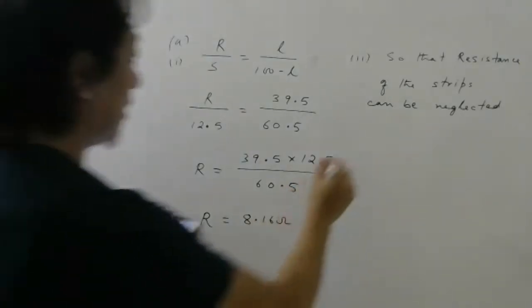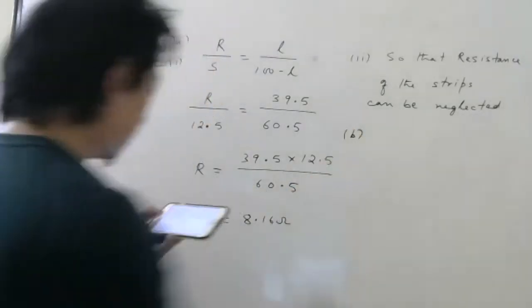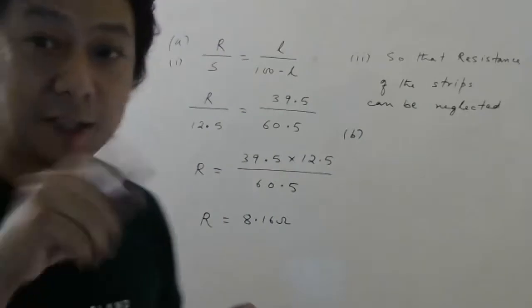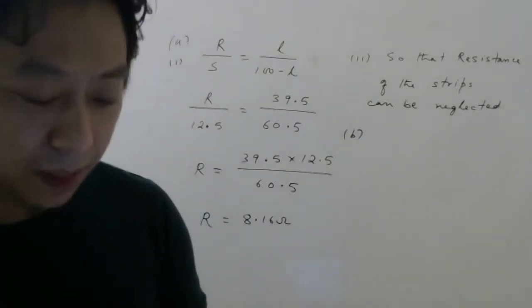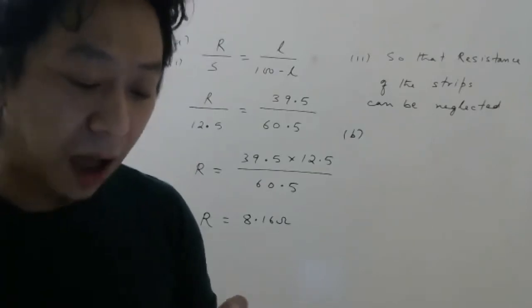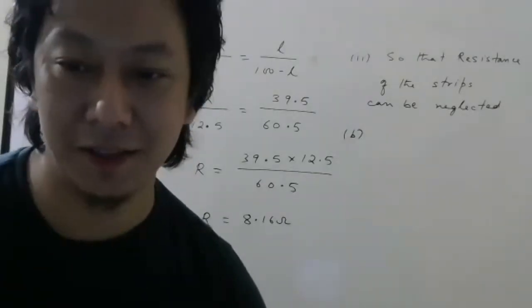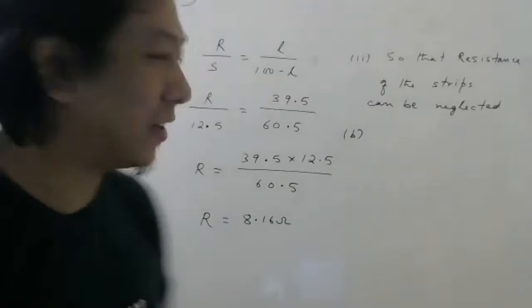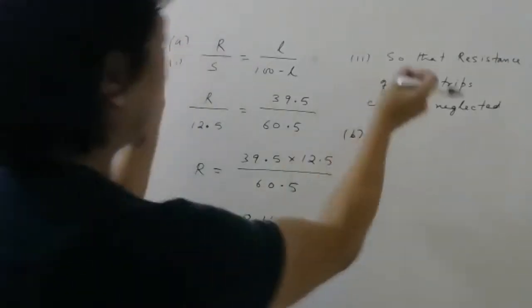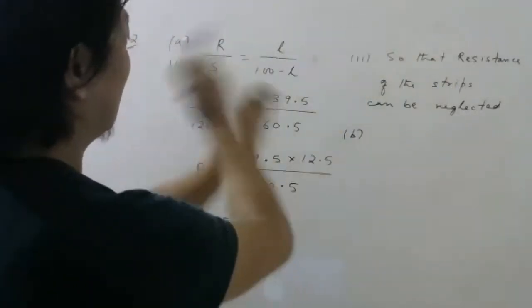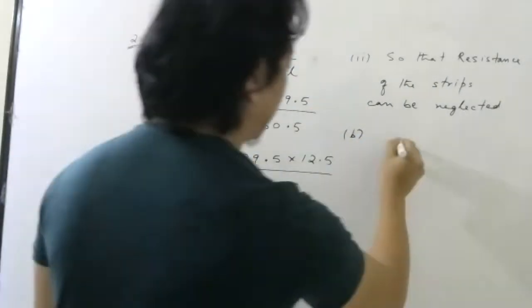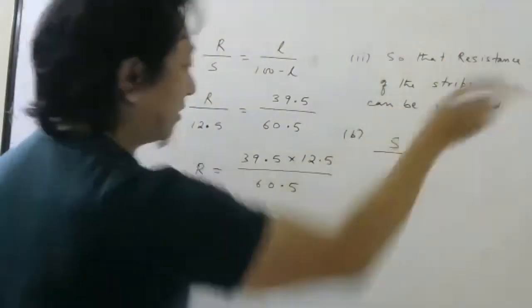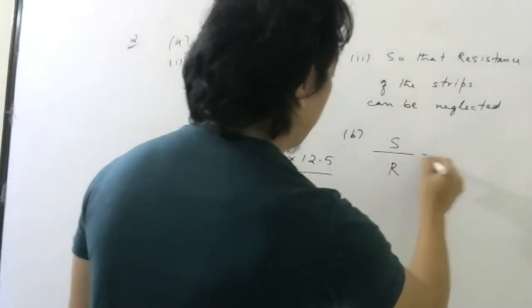Then in part B, they are asking to determine the balance length of the bridge if R and S are interchanged. Directly also you can tell. That means now your left resistor is S and your right resistor is R. Then what will be the balance length?